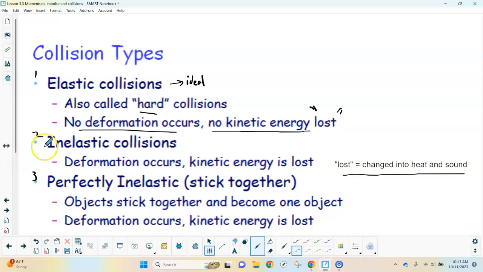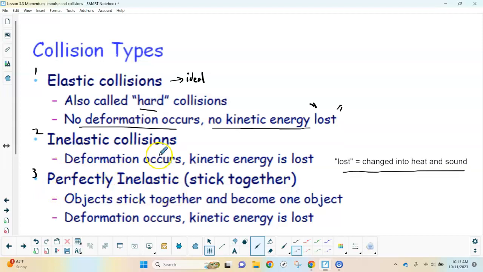Okay. Inelastic collisions, there are 2 types. There are regular inelastic collisions, and then perfectly inelastic collisions. Inelastic collisions are the most common type. Deformation does occur, so things change shape. Kinetic energy is again converted into heat or sound in that collision.